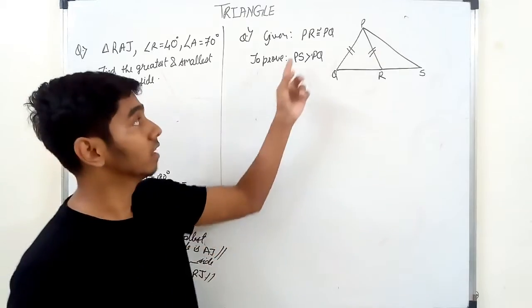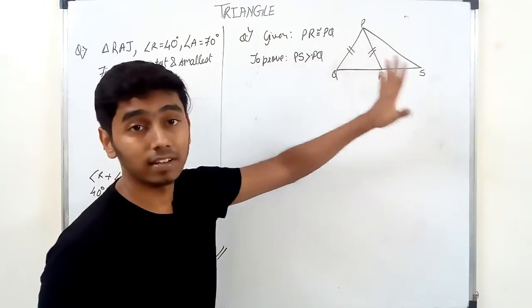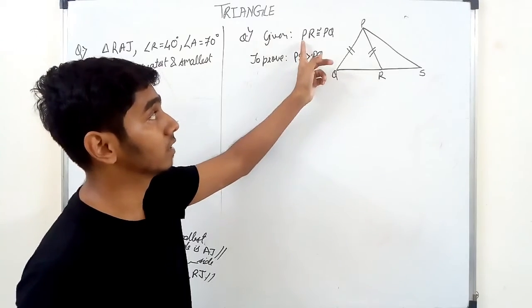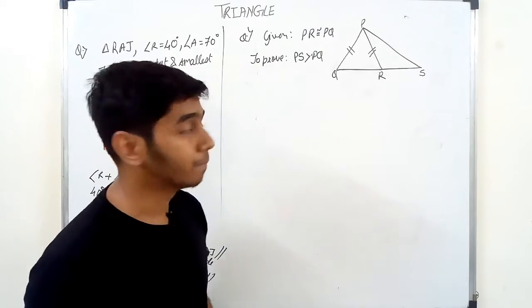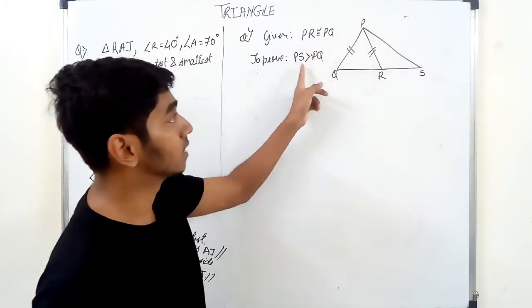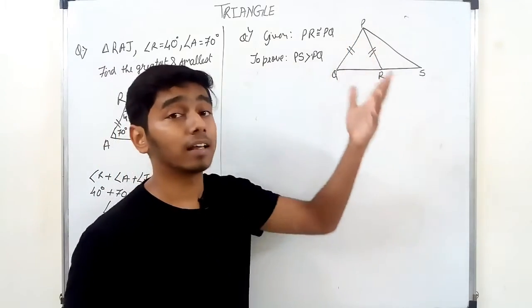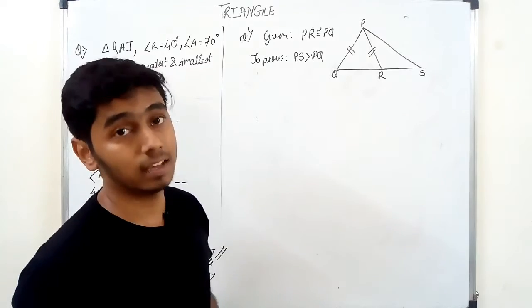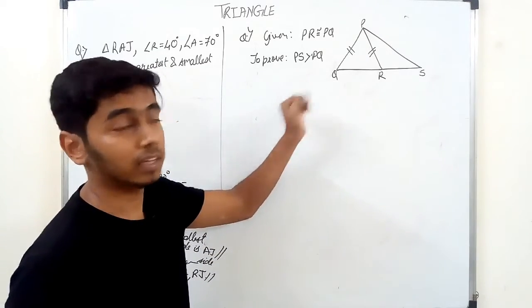Here is one more question. This is the figure given to us, and PR and PQ are congruent, and we have to prove that PS is greater than PQ, correct? So first, think about what is to be proved.